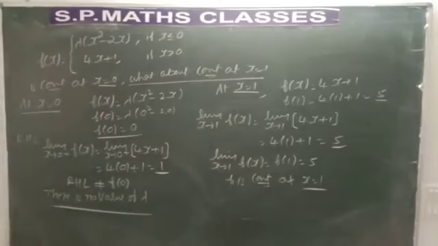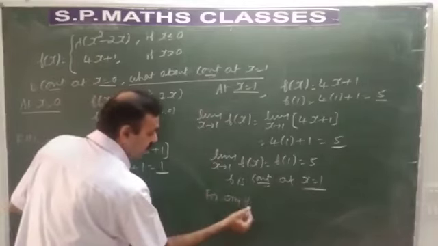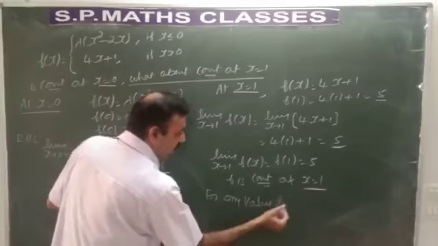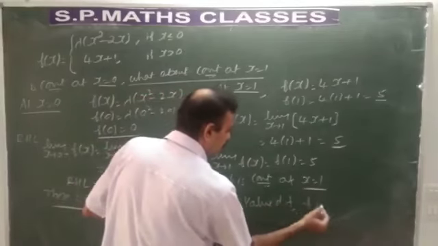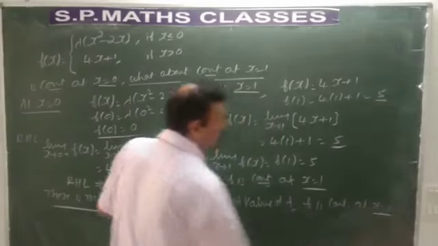Since f of x is continuous at x is equal to 1, what should be the value of lambda? Lambda may be any value. For any value of lambda, f is continuous at x is equal to 1. I think you have understood this.